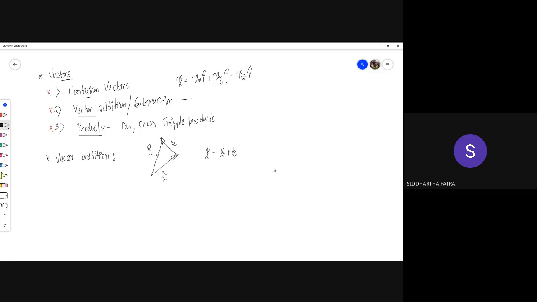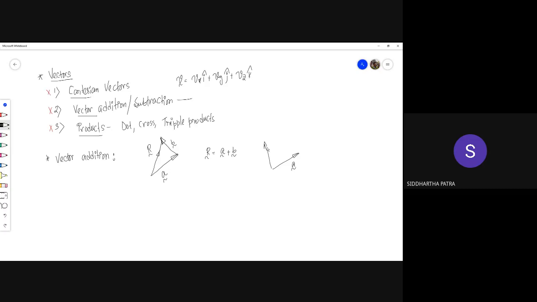Or if I choose to put A and B in a slightly different fashion, not joining their heads and tails successively, the vectors of course being represented with arrows, their length being proportional to their magnitude, let's just join tail to tail.